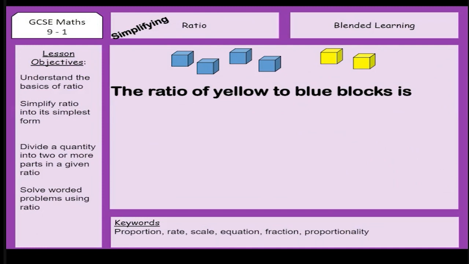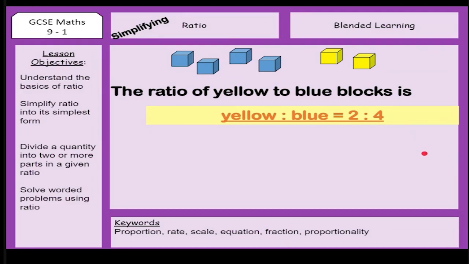So, thinking back to what we did last time, the ratio of yellow to blue blocks is, so it's the yellows first. So yellow would be 2, to blue blocks would be 4. So it would be 2 to 4.